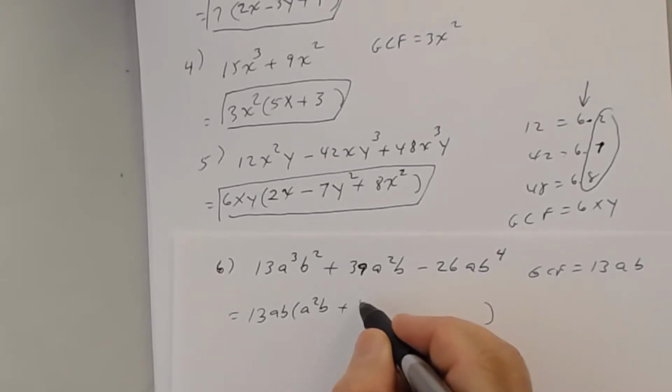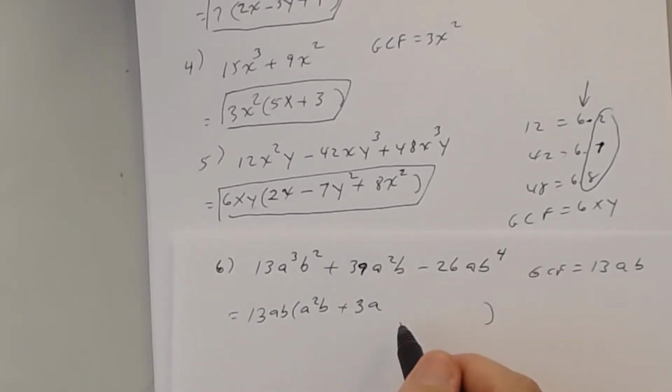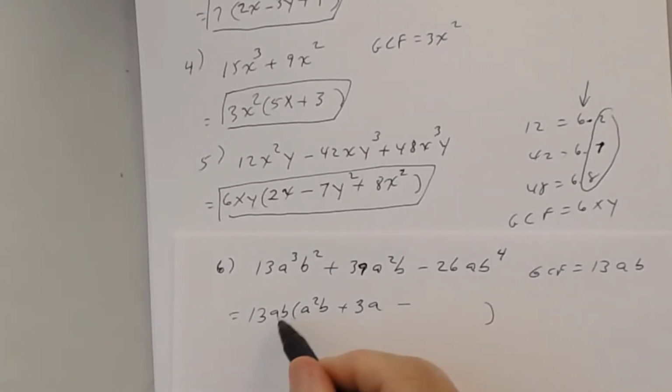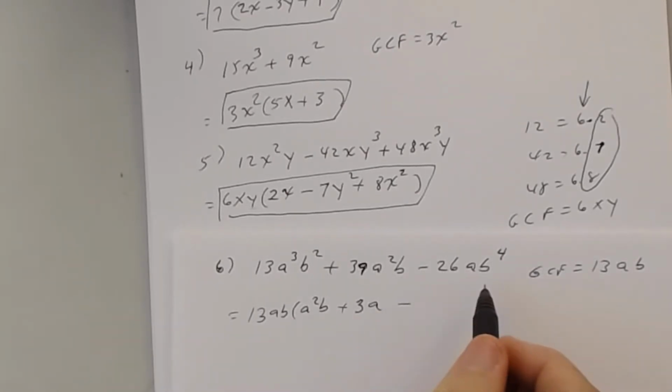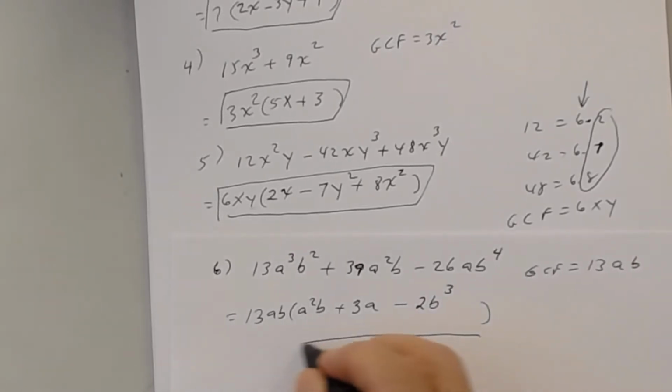What do y'all think? 3a? Okay, I agree. That's it for that one. Minus 13ab times what is 26ab to the 4th? 2b cubed. So there's your answer.